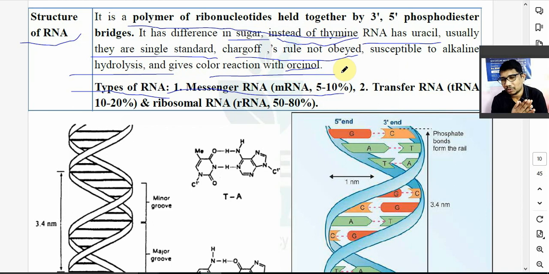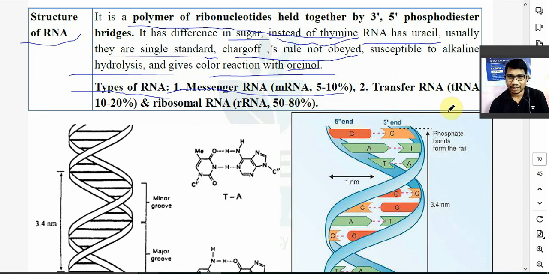Simply, mRNA is a copy of DNA, and the message from DNA is copied in the mRNA, and mRNA will transfer this message to the protein synthesis assembly, and according to that only the proteins will be synthesized. So messenger RNA comprises about 5 to 10%.